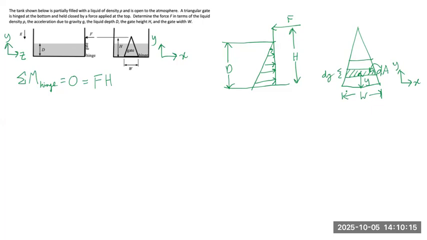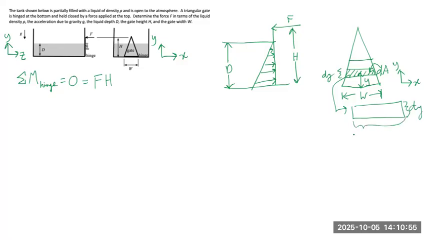So how do we go about doing that? We notice that this differential area is like a little rectangle. So we're dividing this triangle into little rectangular areas with height of dy and a certain width.